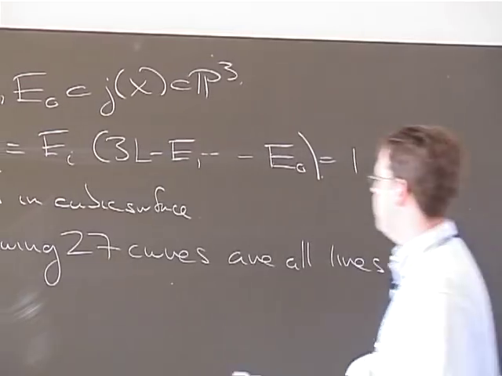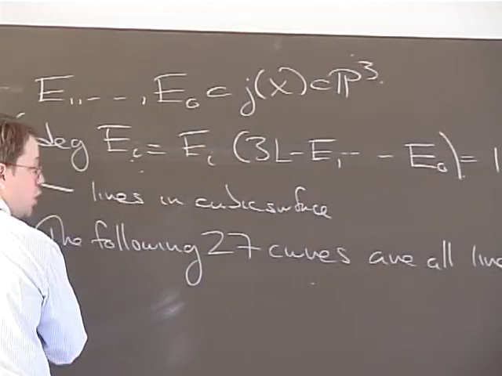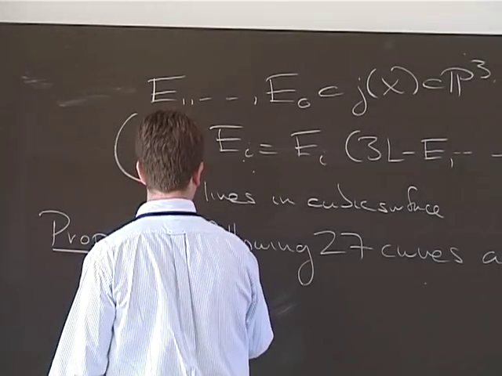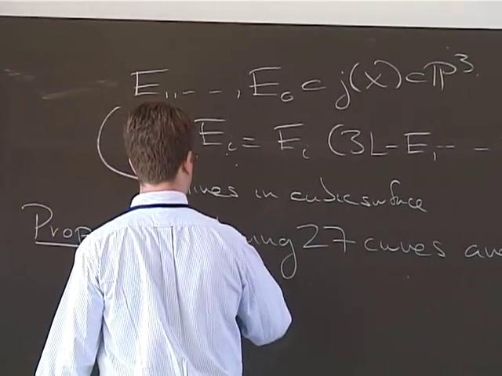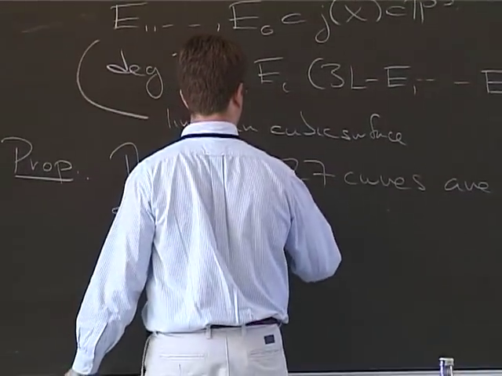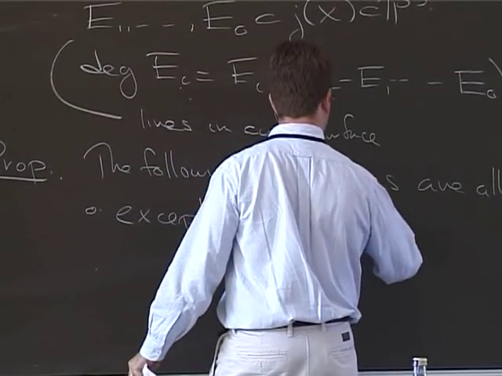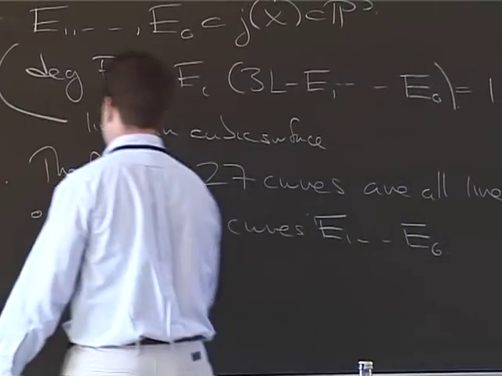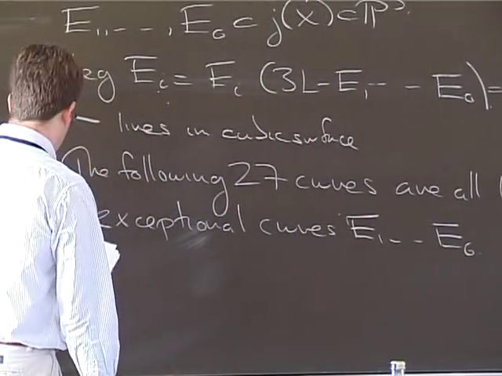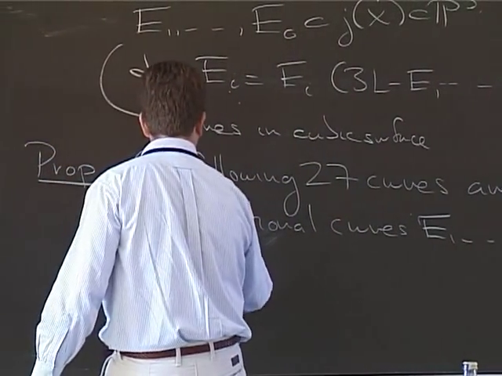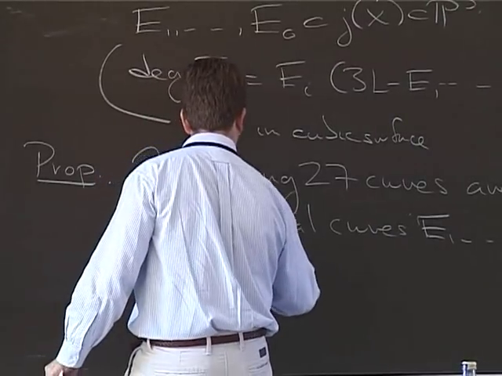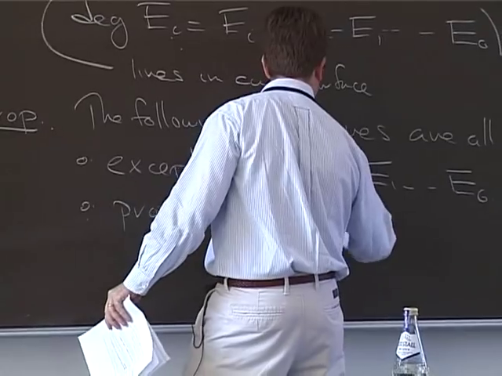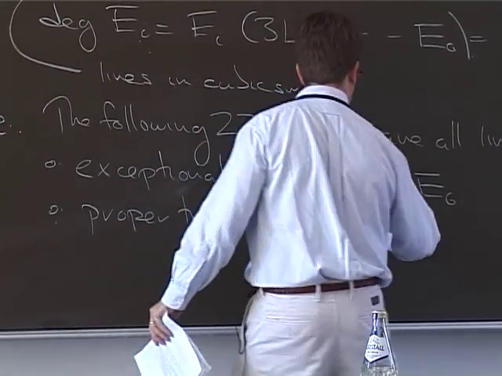I'll be remiss if I don't mention them. And so you make sure I get all 27, because I might miss some. So we have the exceptional curves E1 through E6. We have the proper transforms of lines through 2 points.